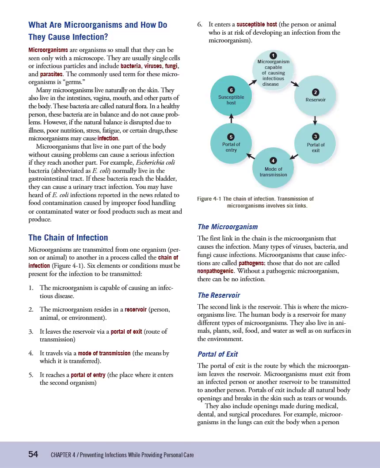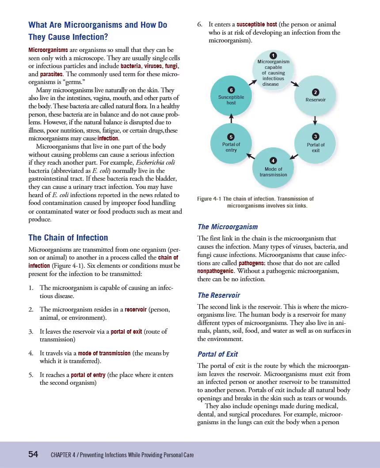The chain of infection. Organisms are transmitted from one organism, person, or animal to another in a process called the chain of infection. Six elements or conditions must be present for the infection to be transmitted. 1. The microorganism is capable of causing an infectious disease. 2. The microorganism resides in a reservoir, person, animal, or environment. 3.